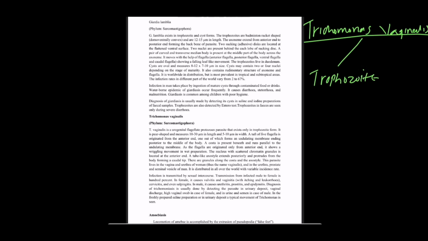Alright, the Trichomonas vaginalis, that is the Trichomonas species. They exist only as trophozoites. By now I know we all know what a trophozoite is, the moving form of the parasite that multiplies and causes disease in the vagina, the urethra, or prostate, which is found in male.